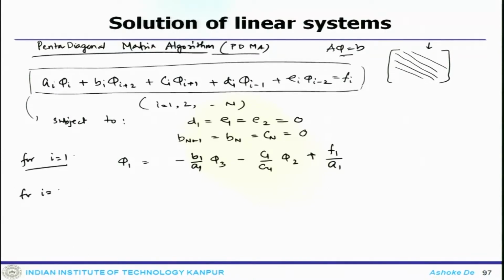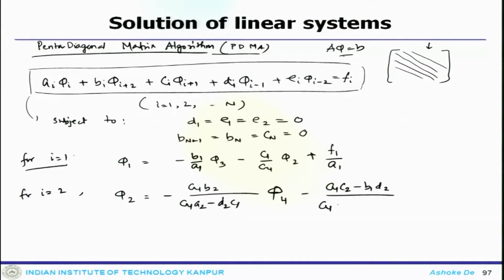Now, similarly for i equals 2, phi 2 can be obtained as minus (A1 B2 divided by A1 A2 minus D2 C1) multiplied by phi 4, minus (A1 C2 minus B1 D2 divided by A1 A2 minus D2 C1) phi 3, plus (A1 F2 minus D2 F1) by A1 A2 minus D2 C1.